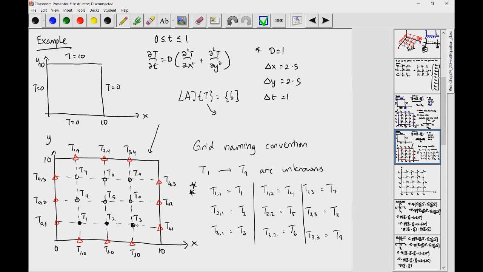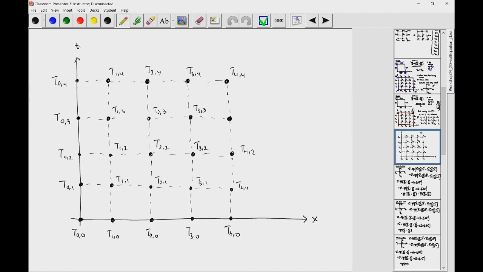You have these 9 unknown values, which means you should have T1, T2, all the way to T9. So the matrix A should be the coefficients in front of these 9 unknowns. This is why we have to renumber from a grid point to a column vector numbering system like this. I've prepared this to make it easy for me to sketch.